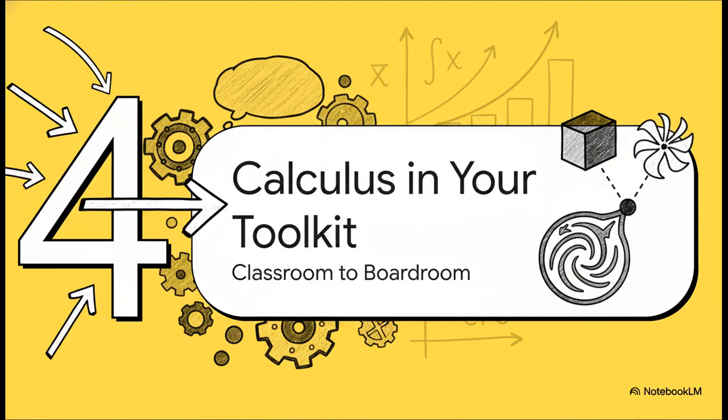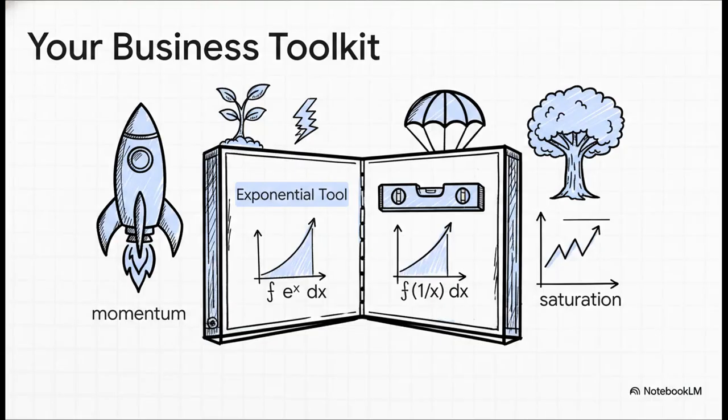Okay, so let's put this all together. The goal here isn't for you to just memorize a bunch of formulas. It's for you to really internalize these concepts as mental models that you can use to analyze business dynamics. We can now distill everything we've talked about into 2 powerful, distinct tools that you can add to your strategic decision-making framework. So you now officially have 2 distinct tools in your strategic toolkit.